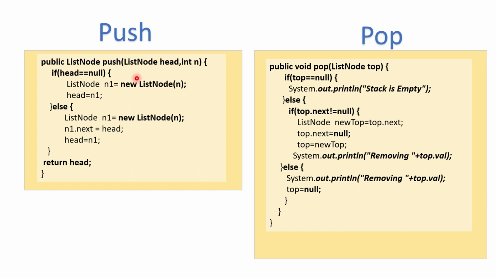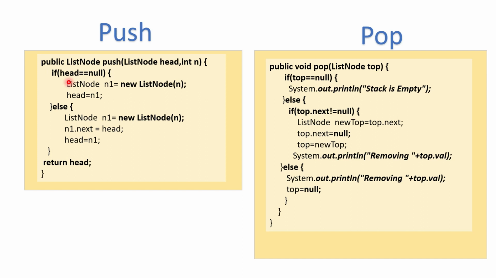So what will happen for the push operation? If we are writing a function called push, and I am passing the head and the new value which I am going to push, first I will check if the head is null or not. If the head is null, it means nothing is there in the stack. So that time I can create a new node and assign that as our new head.